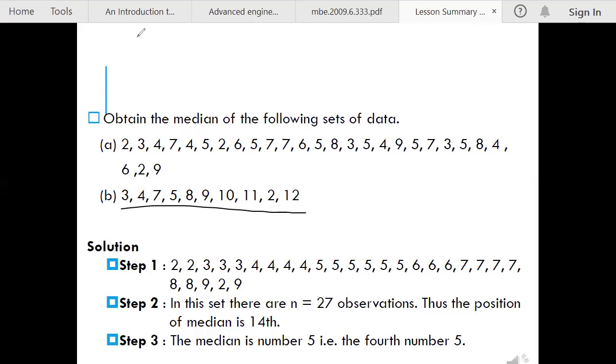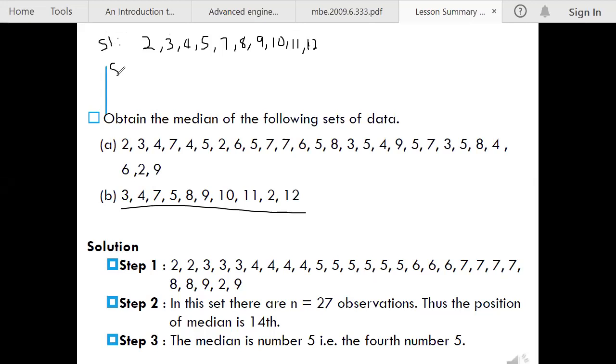In step 1, you arrange the data, which is 2, 3, 4, 5, then 7, 8, 9, 10, 11, and 12. So that is step 1.